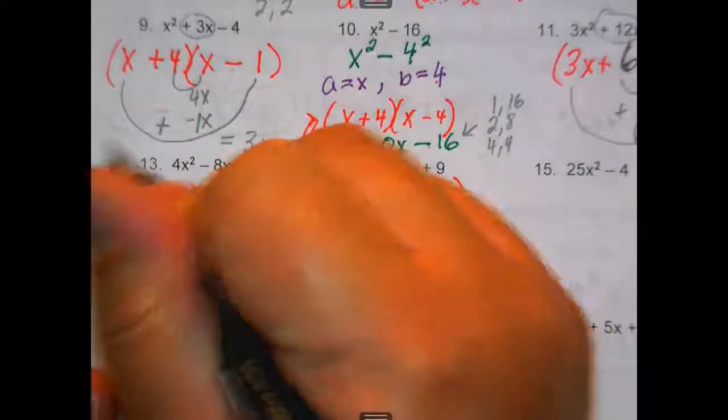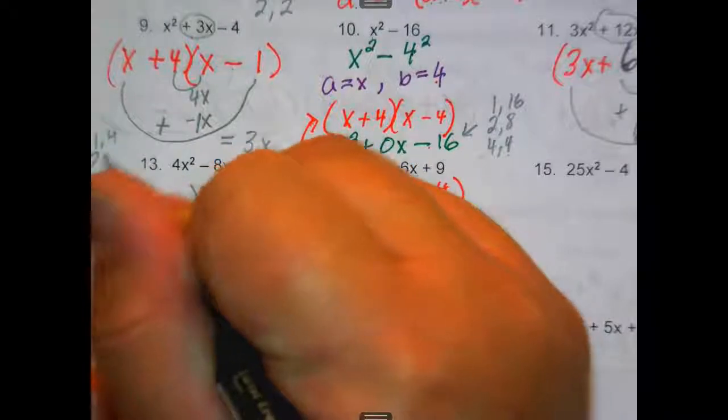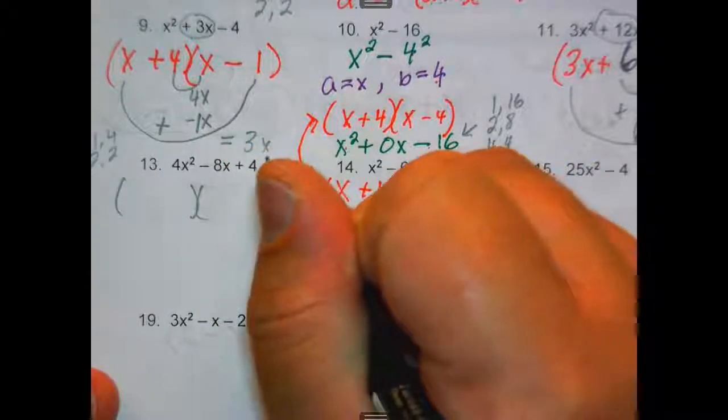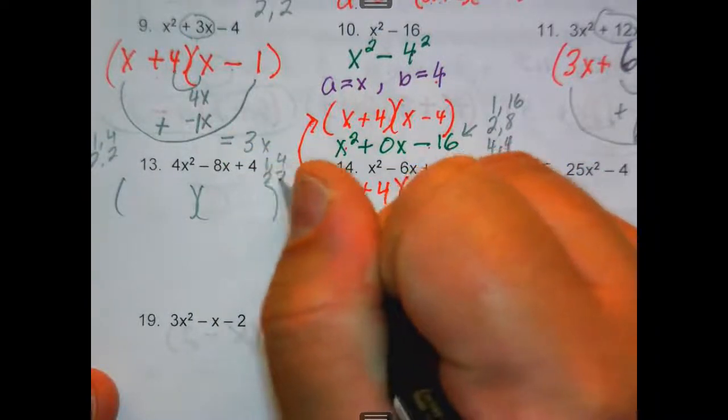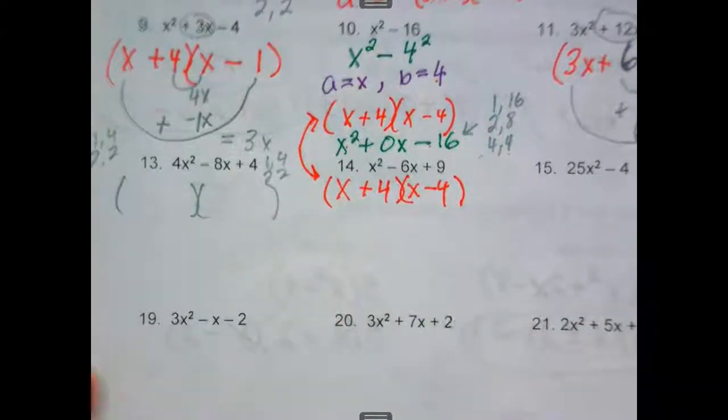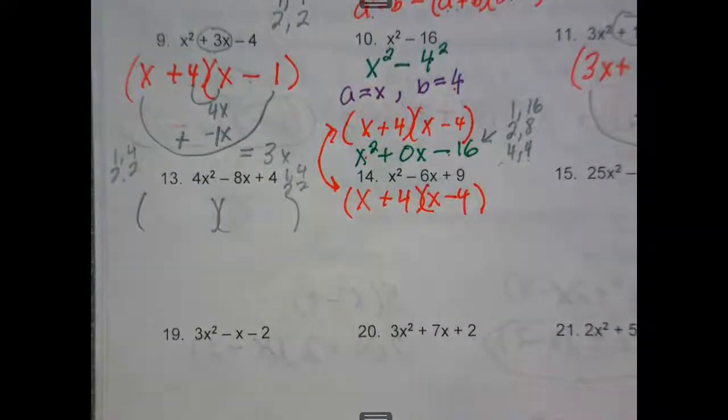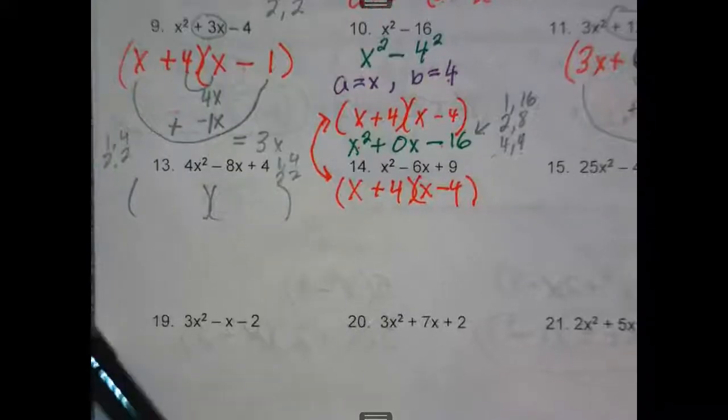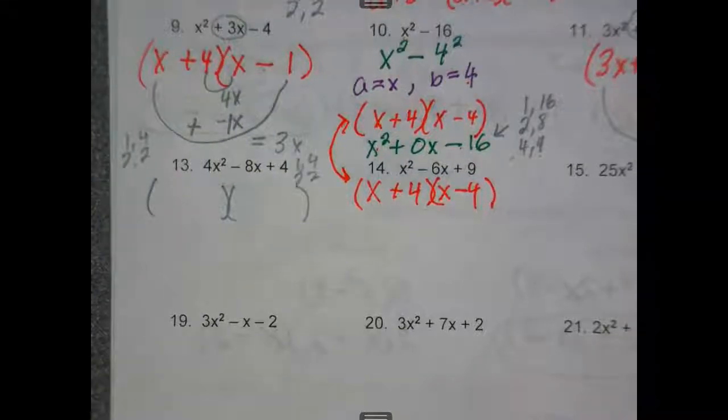I got 1 and 4, and 2 and 2. I need to start the whole process, and this is going to be really hard, isn't it? I skipped my little golden rule, didn't I? What's the first thing I do before factoring?